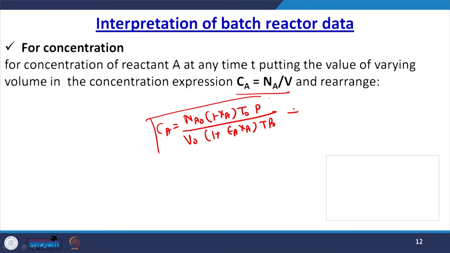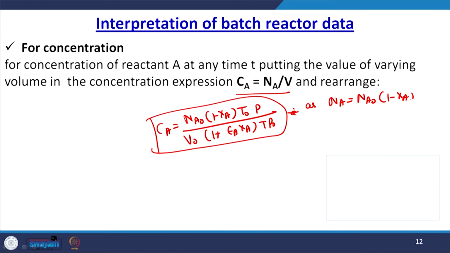Now, this is the general equation, or we can represent it as NA is equal to NA naught 1 minus XA, or V is equal to V naught 1 plus epsilon A XA, T upon T naught, P naught upon P.